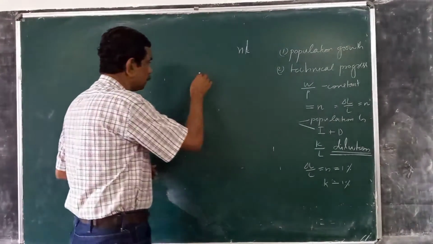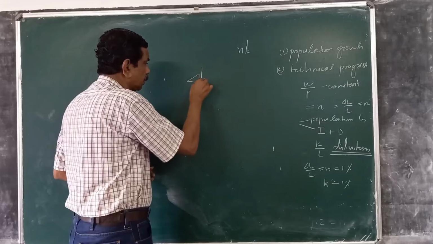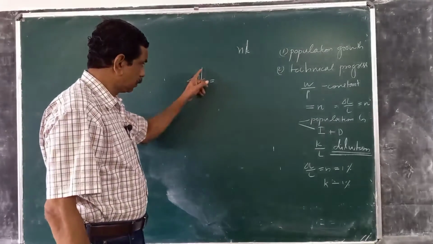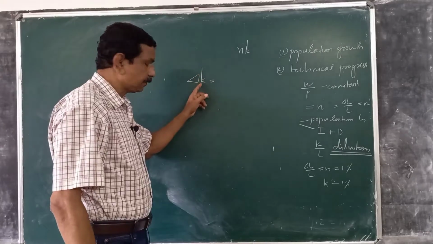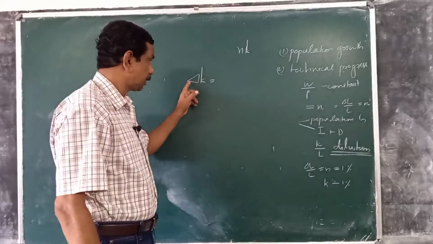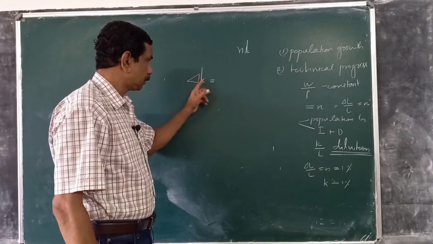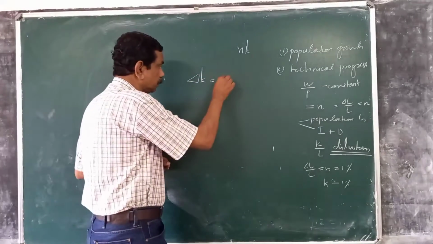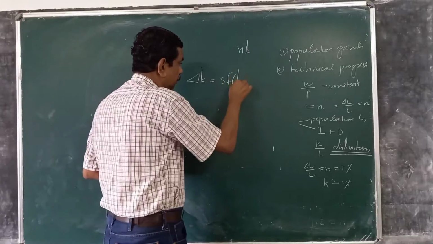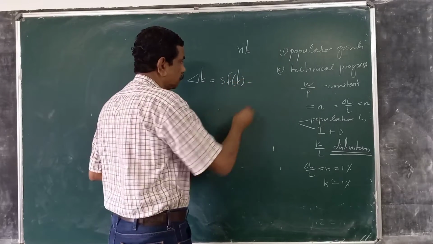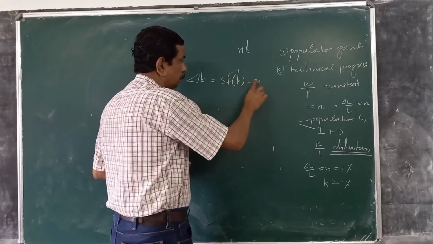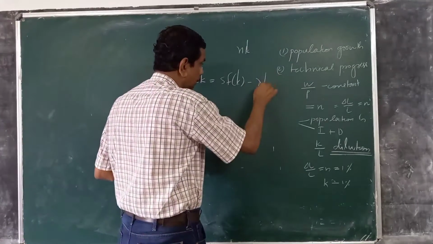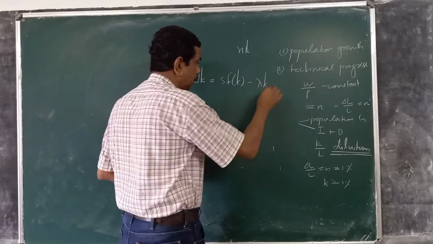Now we write it as delta k, that is the increase in the capital-labor ratio, is equal to s f(k) minus, in the previous class, one factor causing capital dilution was lambda k.